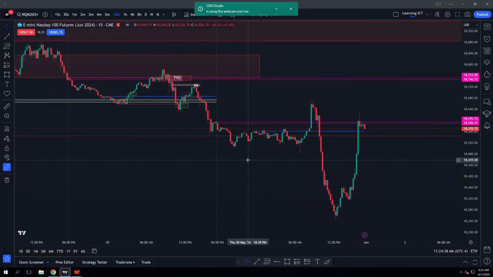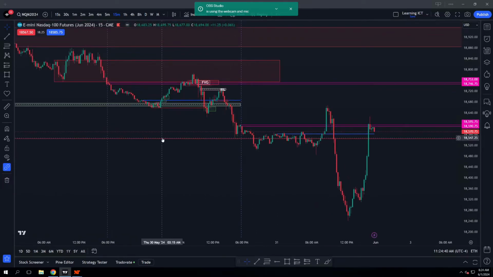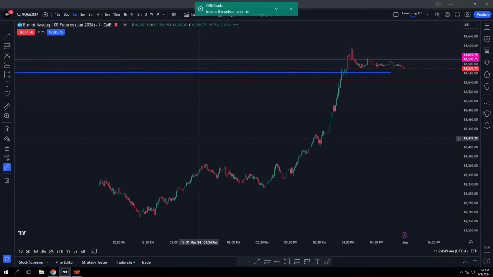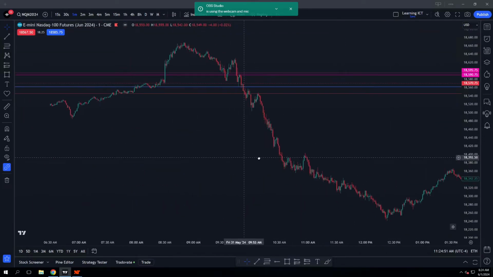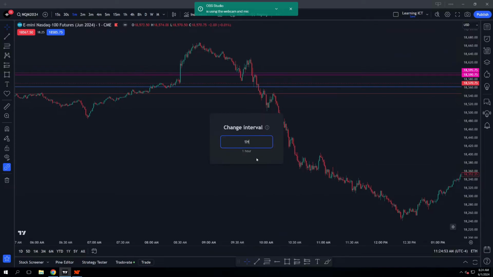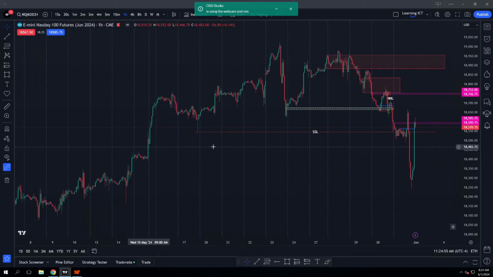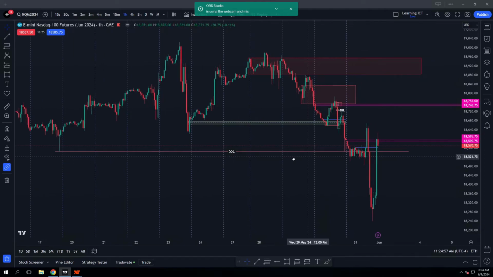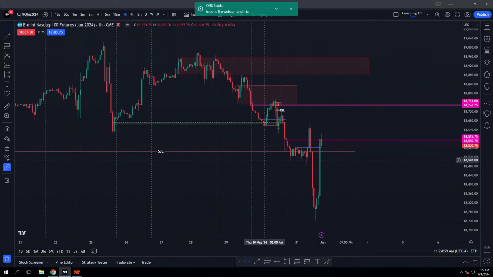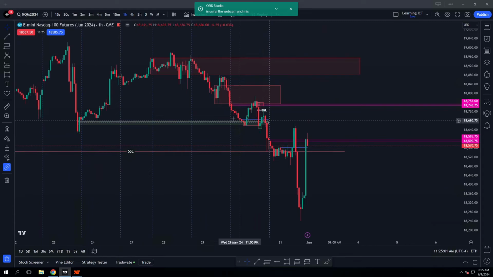But if you've noticed, do we have a breaker here? 1 hour. It's not clear, but you can tell here low, high, right?